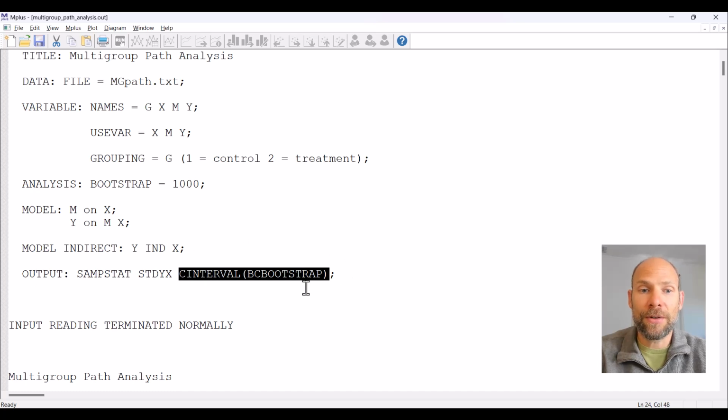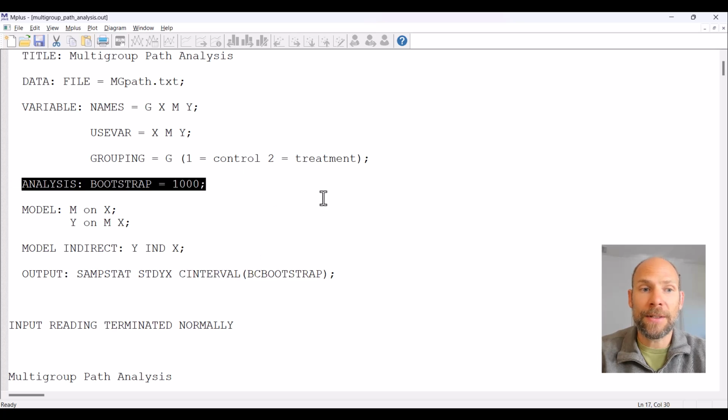So the CINTERVAL (BCBOOTSTRAP) subcommand in conjunction with the analysis BOOTSTRAP = 1000 allows us to run the bias corrected bootstrap method and obtain bias corrected bootstrap confidence intervals for the indirect and other effects.